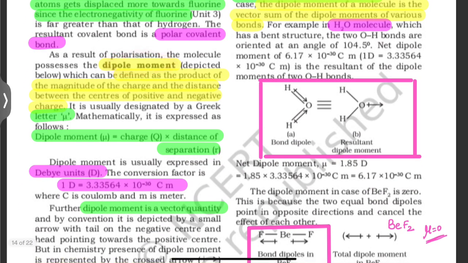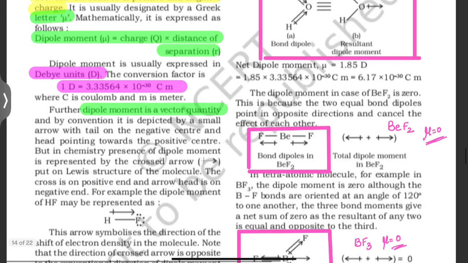And here the definition for dipole moment is given. It is defined as the product of the magnitude of charge and the distance between the centers of positive and negative charge. It is represented by mu. So you can write dipole moment is equal to charge into distance of separation, and its unit is debye. 1 debye is equal to 3.335 into 10 to the power of minus 30 coulomb meter.